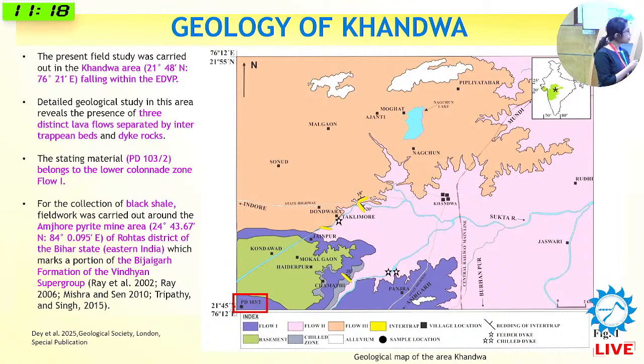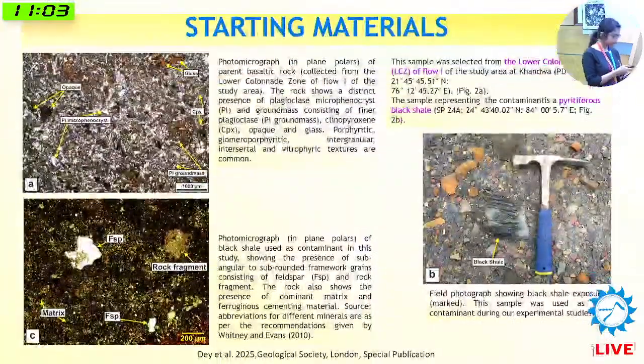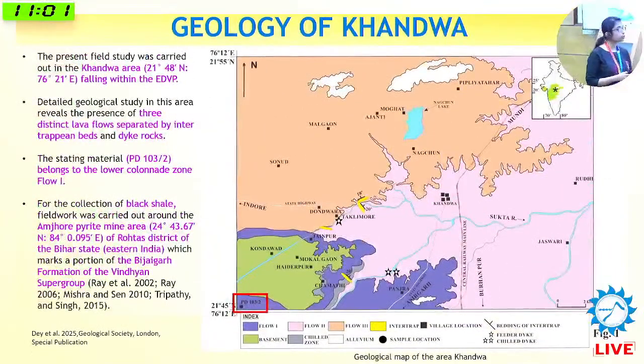This basalt is from the lower colonnade zone of the lowermost flow of this area, and we have contaminated this sample with a pyritiferous black shale sample, which we have collected from the Amjhor pyrite mines area of Rohtas district of Bihar, which is a part of Bijaigarh formation of Vindhyan supergroup.